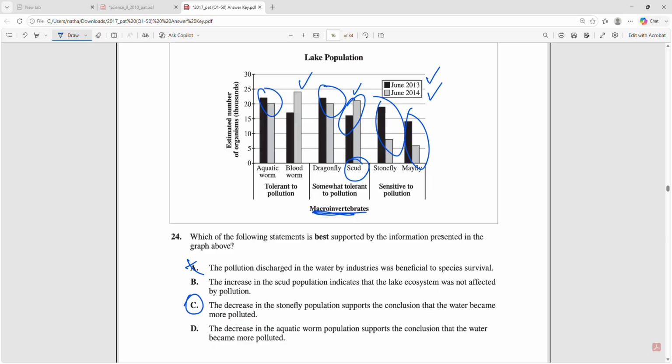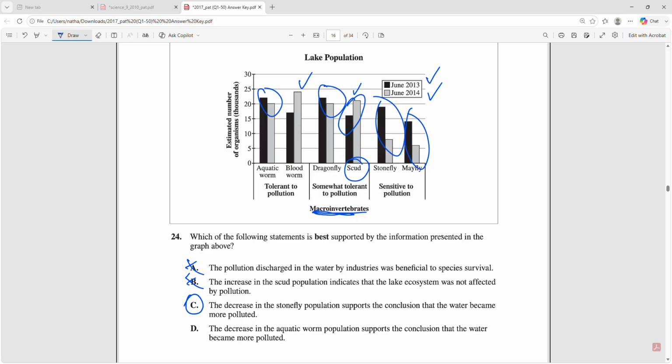B is not saying whether the effect is good or bad, it's just saying that the lake ecosystem was not affected. And the increase in that population does not tell us that. And besides, all the other data lets us know that that's not true.